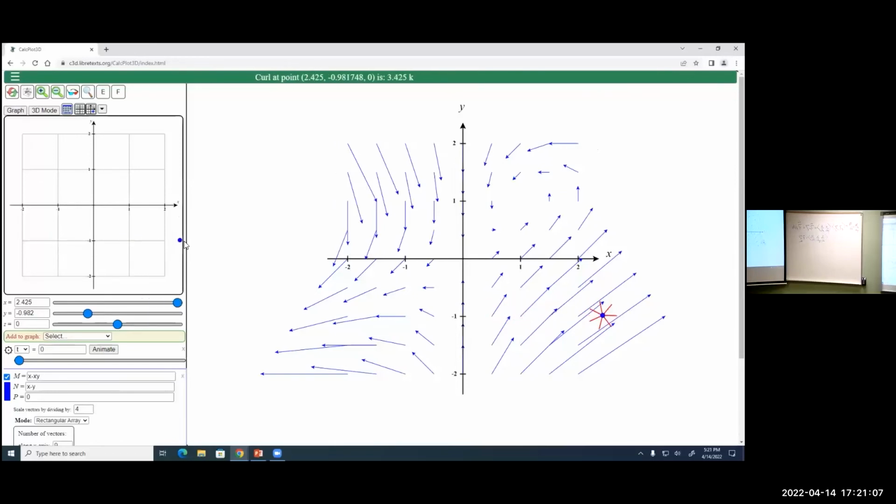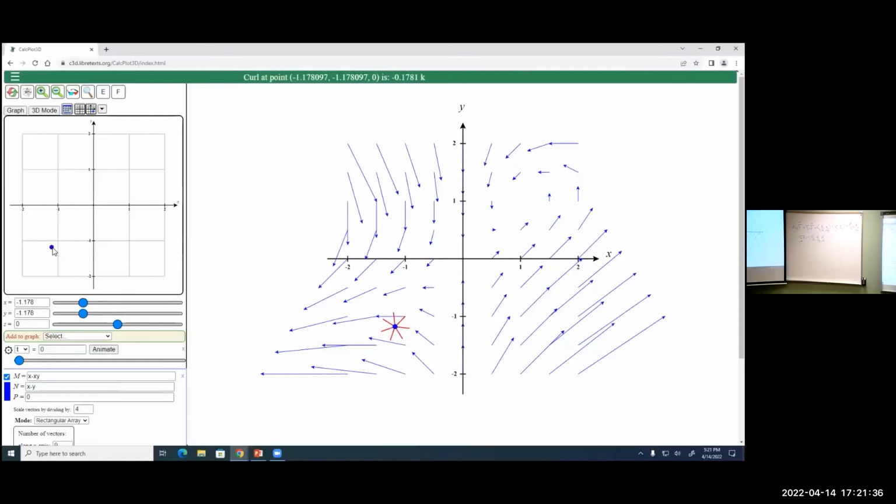Notice how, oh, gee, where the vectors are longer and in the same direction, it starts rotating faster. Right? We can find different spots, and at any of these spots, we can calculate the curl because we know how to do that, right? It's dF2/dx minus dF1/dy.